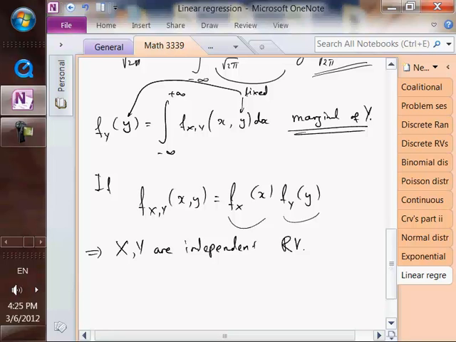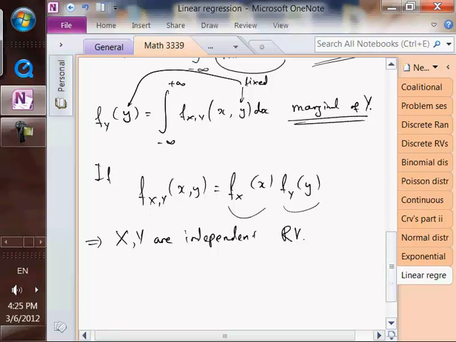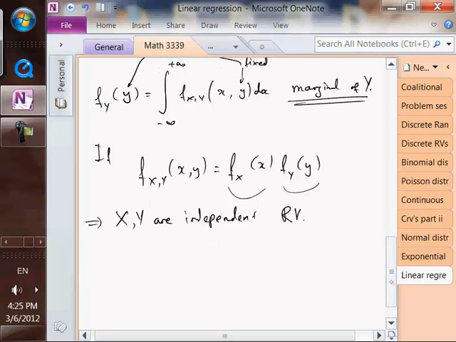Now, what happens if they are not independent? Well, when they're not independent, there is interaction between the two. And essentially, the concept of linear regression is a concept where we find the conditional distribution of one random variable with respect to the other.